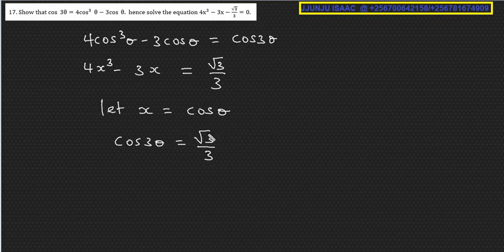So we can look for theta from here, then we can find the 3 values of, by the way, this gives us 3 roots, so we shall stop at 3 angles when we are solving for this x. Let us now use, by comparing, this is going to be cos 3 theta equal to root 3 over 3, so our 3 theta will be equal to the cos inverse of root 3 over 3.